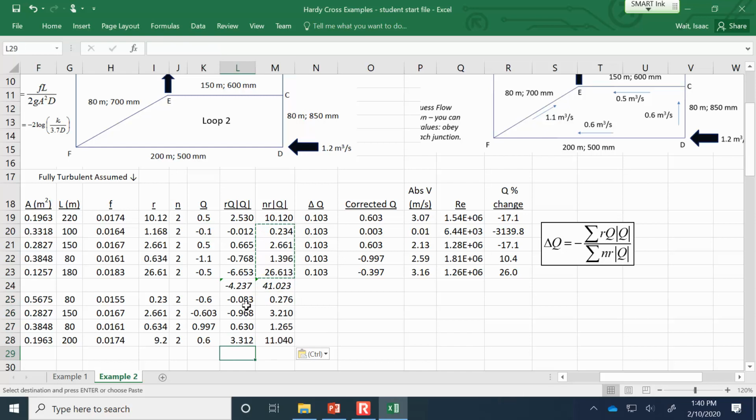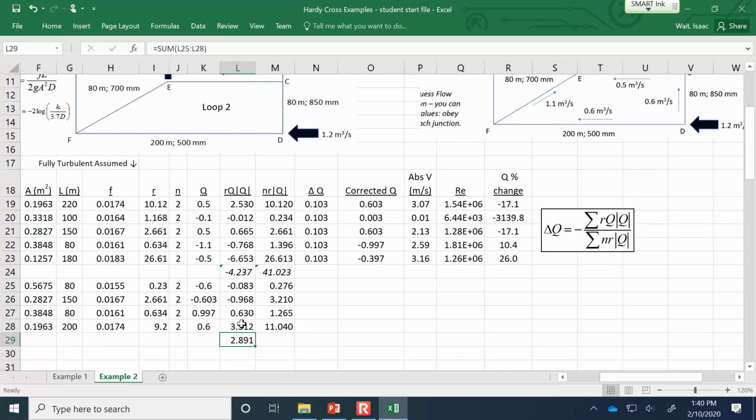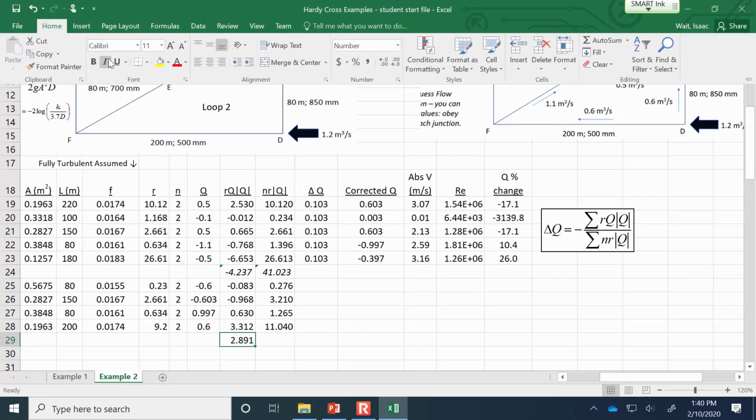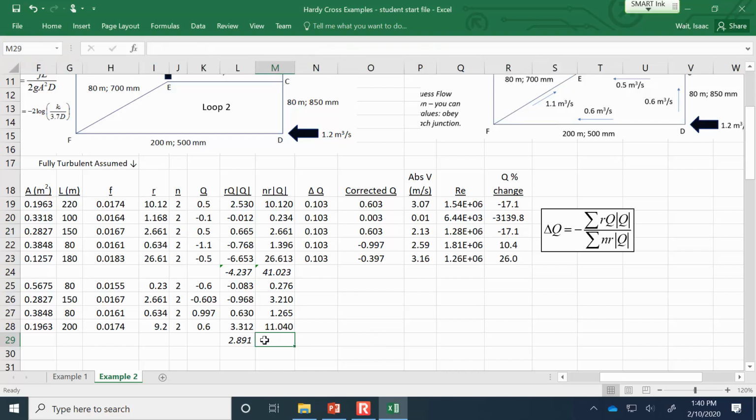And then I'll sum and italicize just as a reminder that that's the sum. Scroll sideways, I'll apply that same sum formula to the cells that are above it. And I have to manually type in this equation, equals negative this divided by that, 4 times.